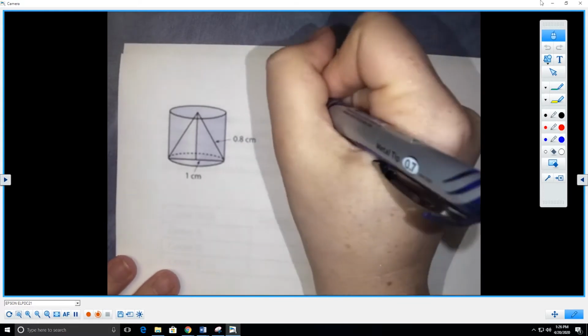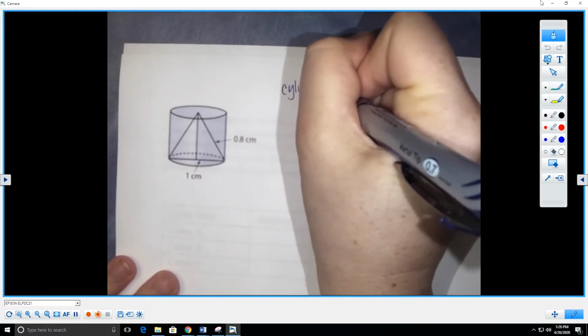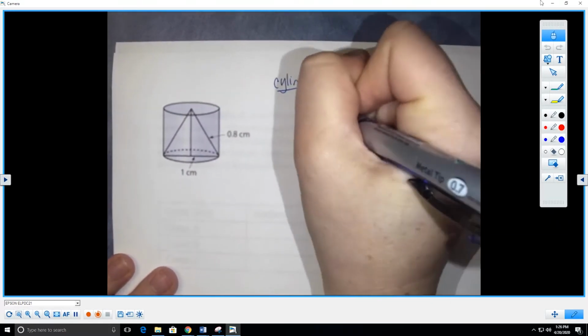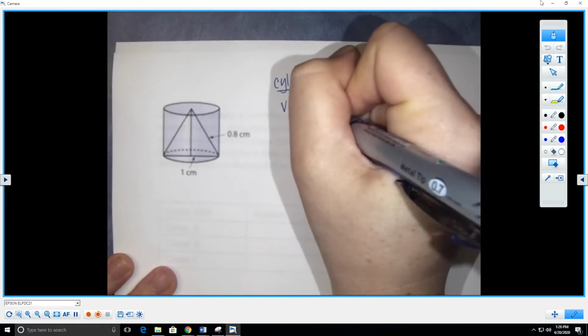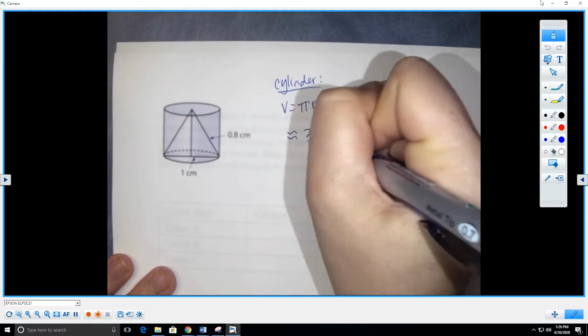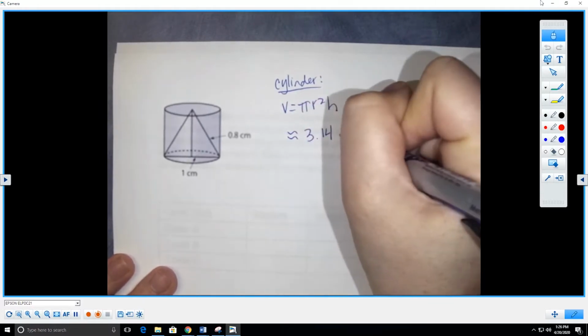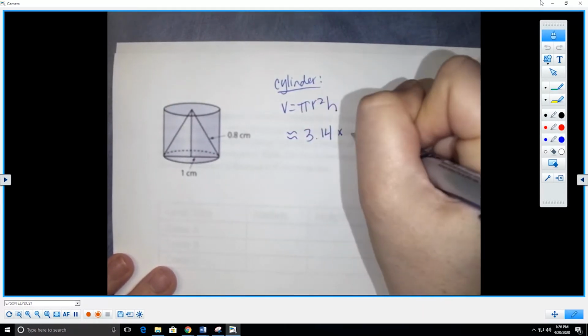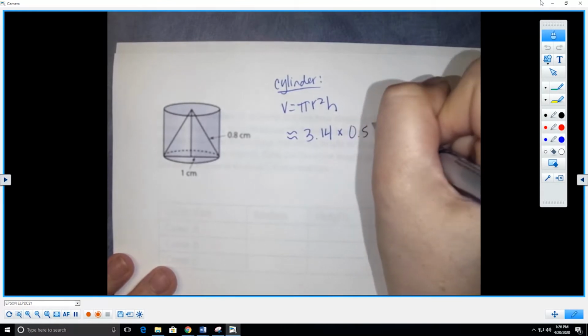First, let's find the volume of our cylinder. Write down the steps and follow along with me. So I'm going to write down cylinder so we know what we're working on first. So we have volume equals pi r squared times height. So 3.14 times 0.5 squared.